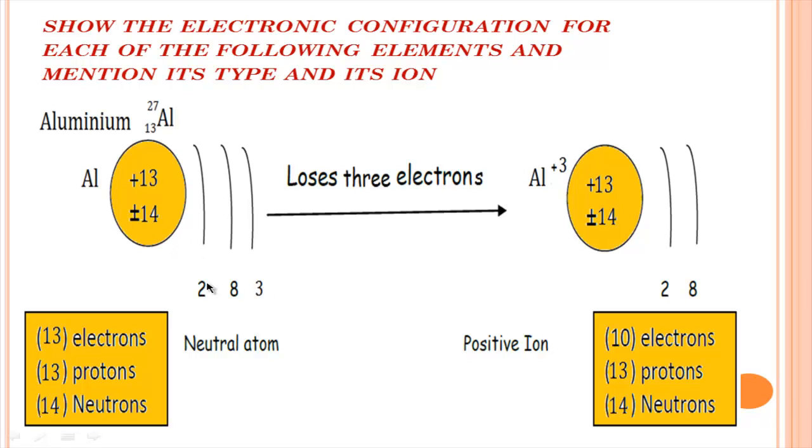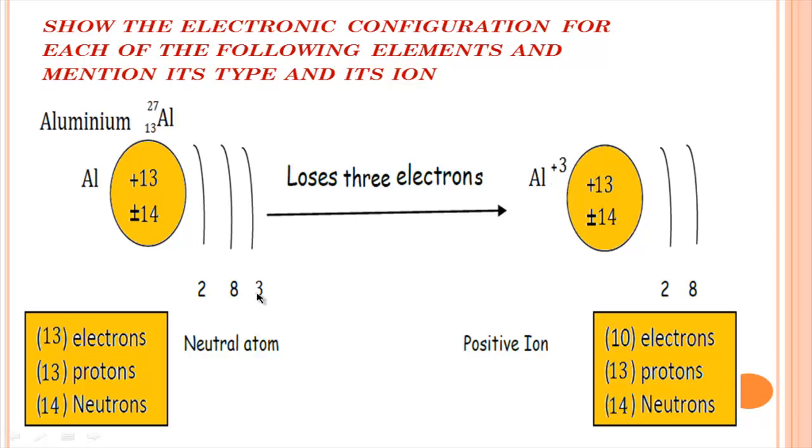So aluminium is 2-8-3. As we know, aluminium is a metal because it has 3 electrons in the outermost energy level. And we said that metals tend to lose their electrons.